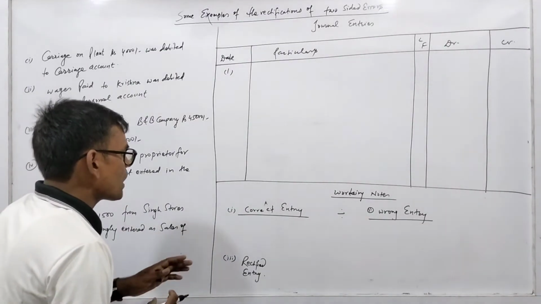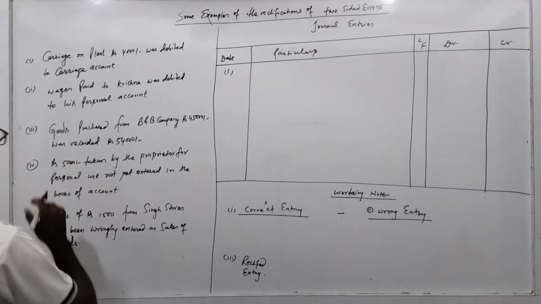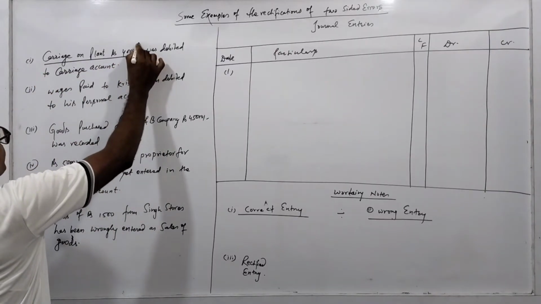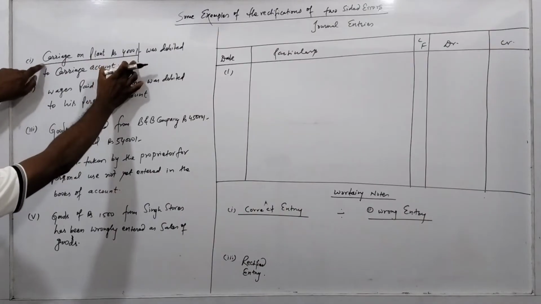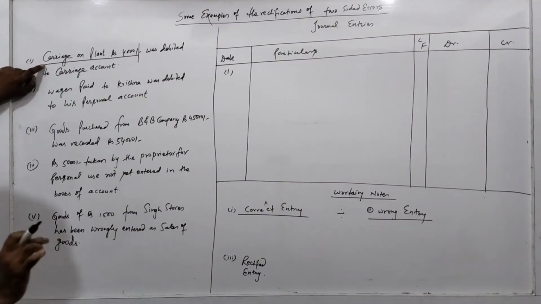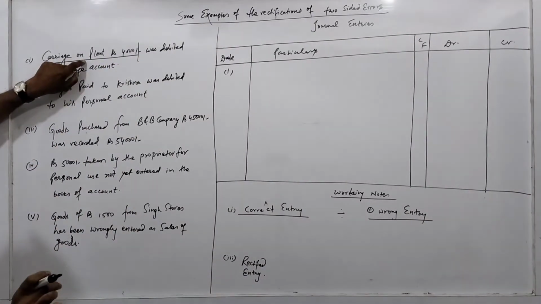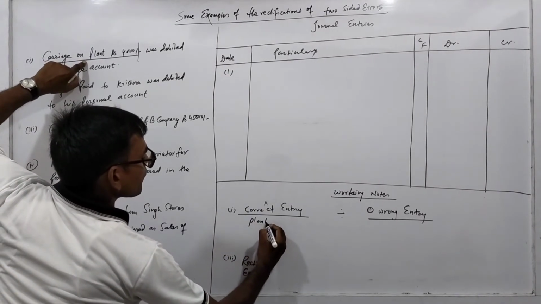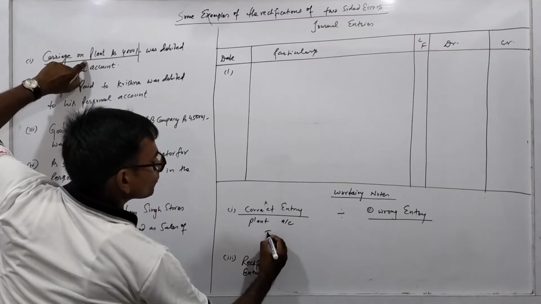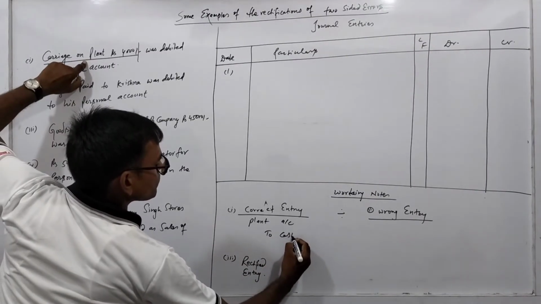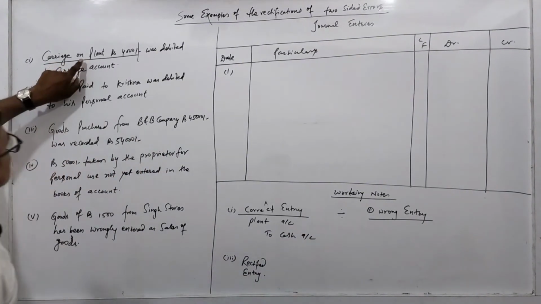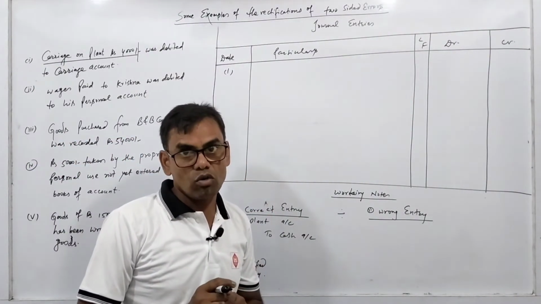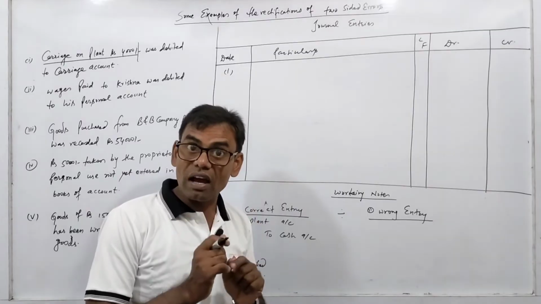Okay, so what will be the correct entry? You see, carriage on plant rupees 4,000. This is the transaction, carriage on plant. And what will the journal entry be? The real journal entry will be plant account DR to cash account, because the carriage on plant is added to the value of plant.